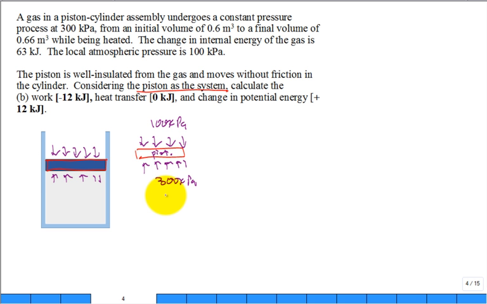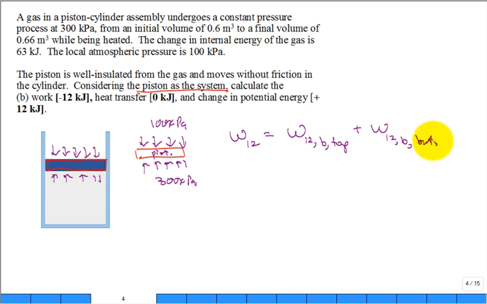That's actually what's pushing on the piston to lift it. True? So you're going to have two work transfers. The work for the piston as the system will be the work 1 to 2 boundary at the top plus the work for the process 1 to 2, the boundary work from the bottom.